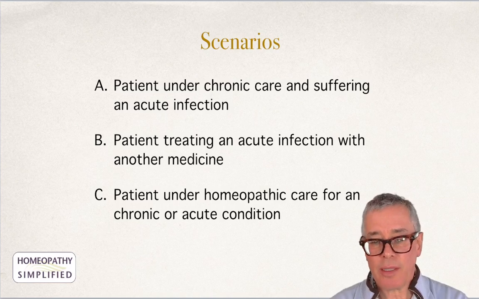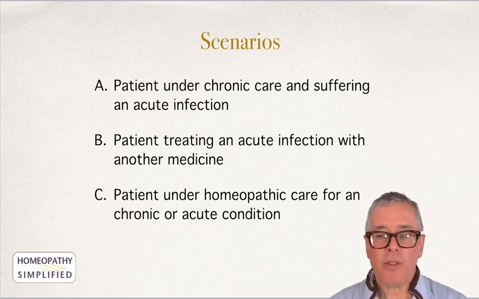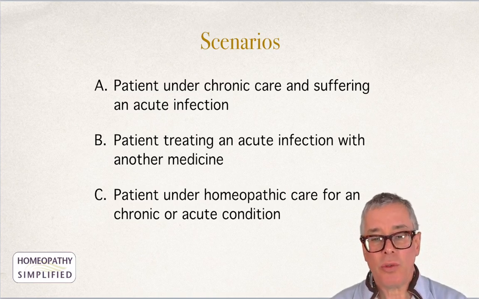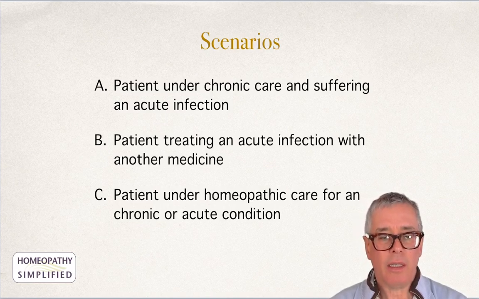In using a homeopathic to treat an acute infection, we can still follow the 2 effects. The effect of the chronic remedy is established and we can rely on that. And then we can follow the changes from the treatment in the acute scenario where we give a remedy for the acute condition.